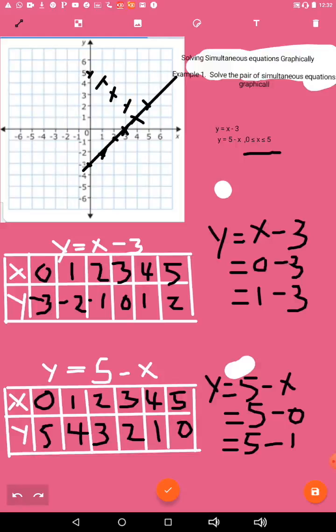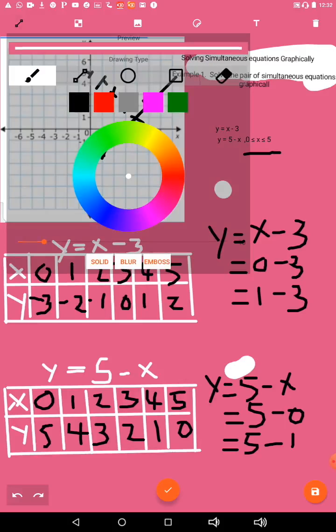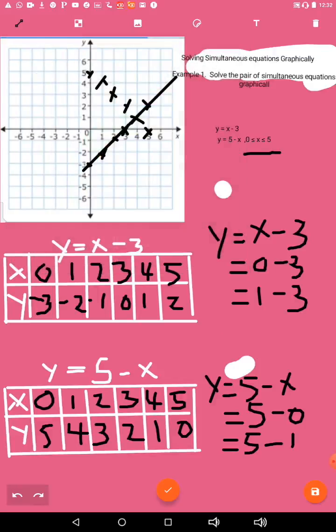And the last one is when x is 5, y is 0. So we're moving 5 places on the x-axis, 5 places to the right, and then we're not moving on the y. So it's going to be on the line. Now we're going to connect our line with a straight line.